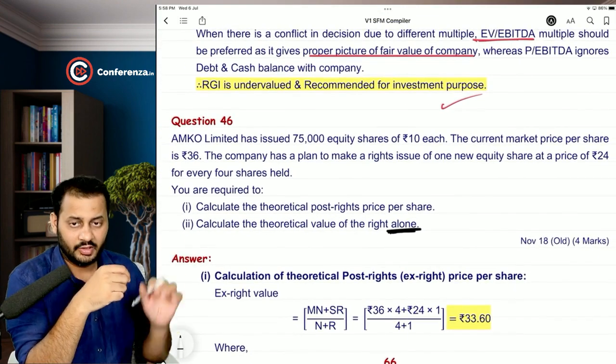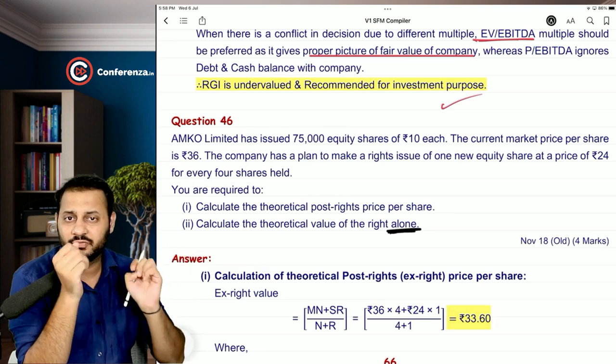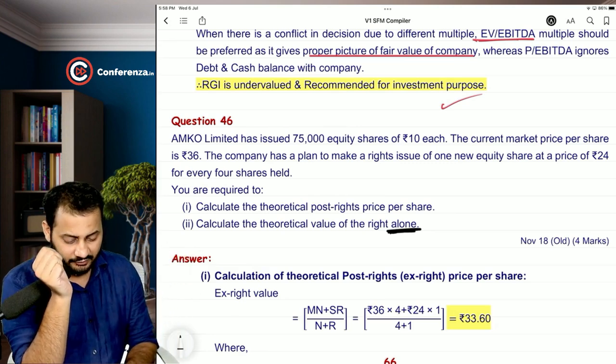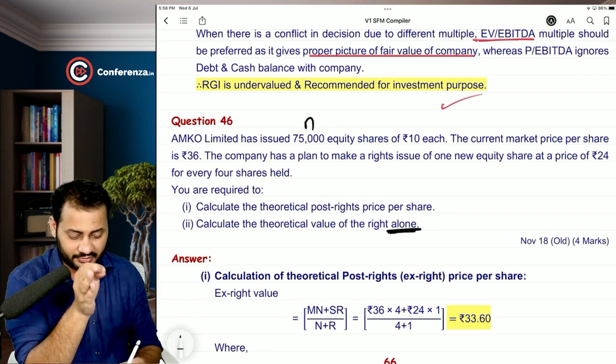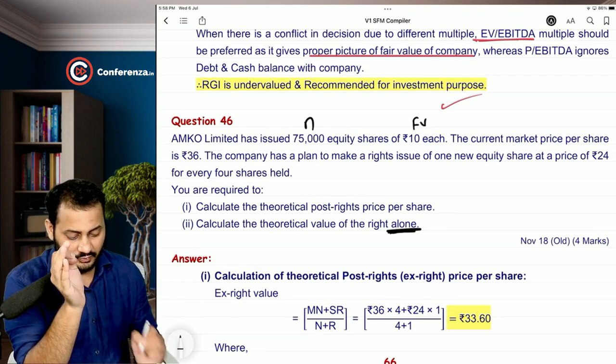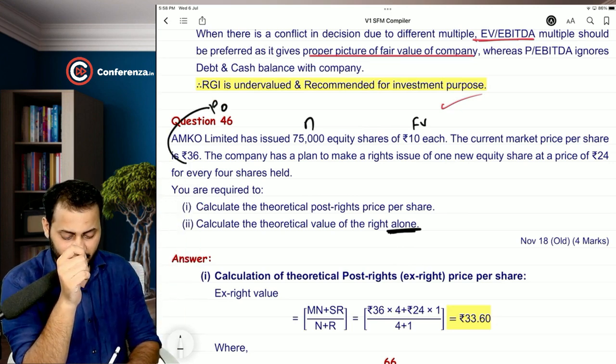Have a look. Amco Limited is one company. It has 75,000 equity shares of rupees 10 each. So understand, 75,000 is nothing but N, the number of existing shares. 10 is the face value. The current market price is 36. Can I say it is P0?